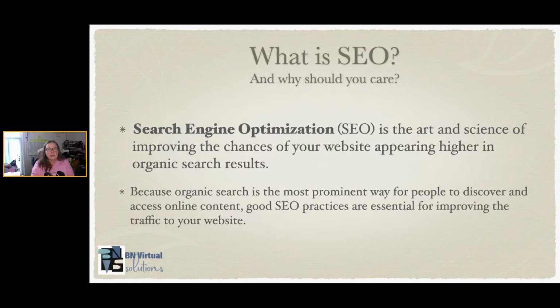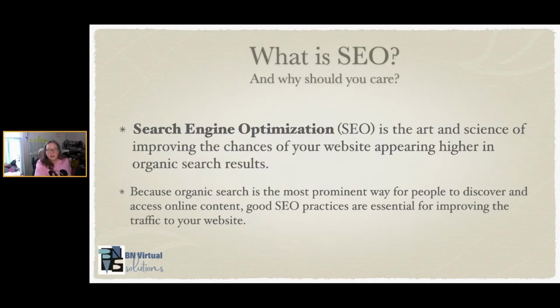But first of all, what is SEO and why should you care? So SEO is search engine optimization. It's like a left brain and right brain thing. It's the art and science of improving your chances of getting your website seen in the search engine rankings.